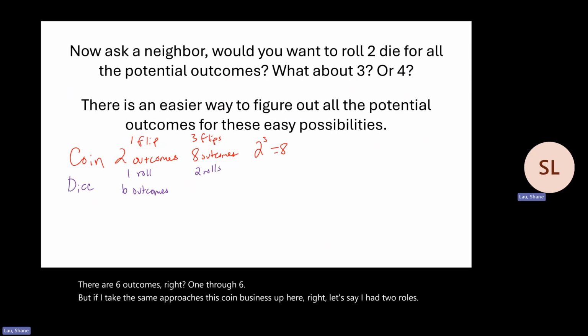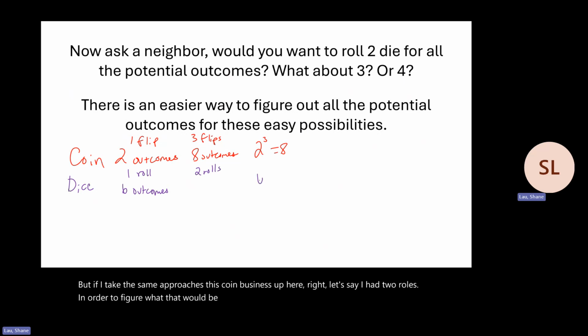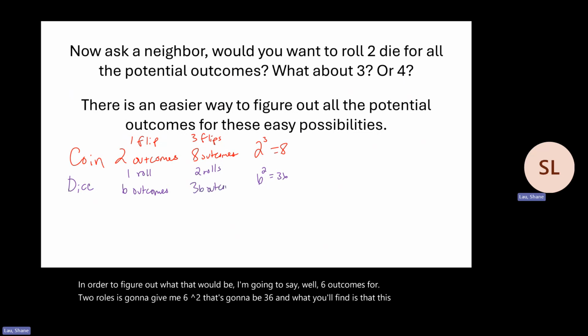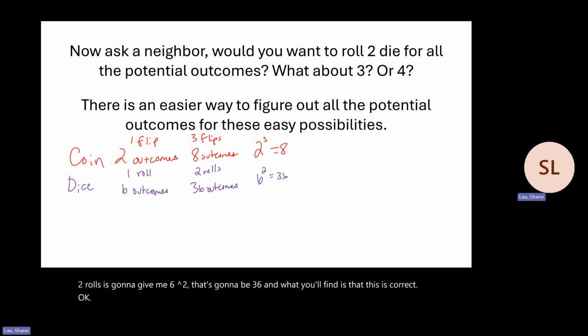Well, in order to figure out what that would be, I'm going to say, well, 6 outcomes for 2 rolls is going to give me 6 squared. That's going to be 36. And what you'll find is that this is correct. So for 6 outcomes and you roll it twice, you're going to get 36 possible outcomes here.